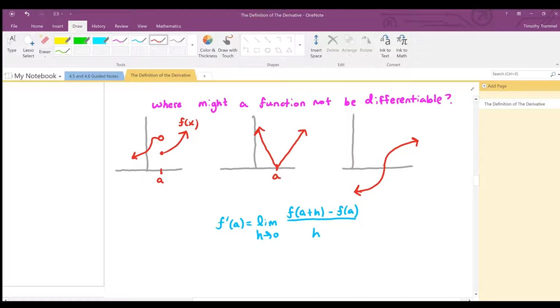So again, if this spot right here is x equals a, I'm actually not going to write the a in this time, but the issue here is we have a vertical tangent line. So if you were to find the slope of a vertical line, that slope is undefined. So similarly, our derivative will be undefined.